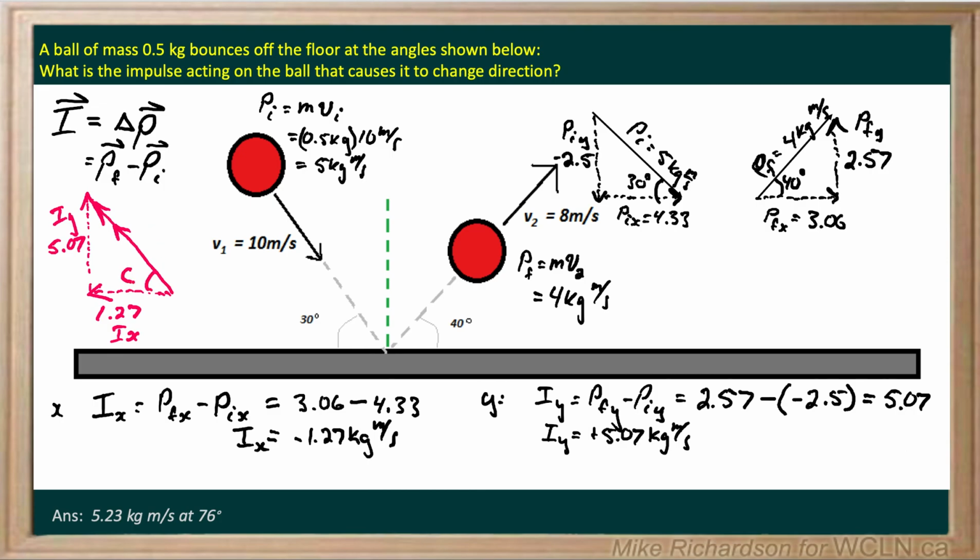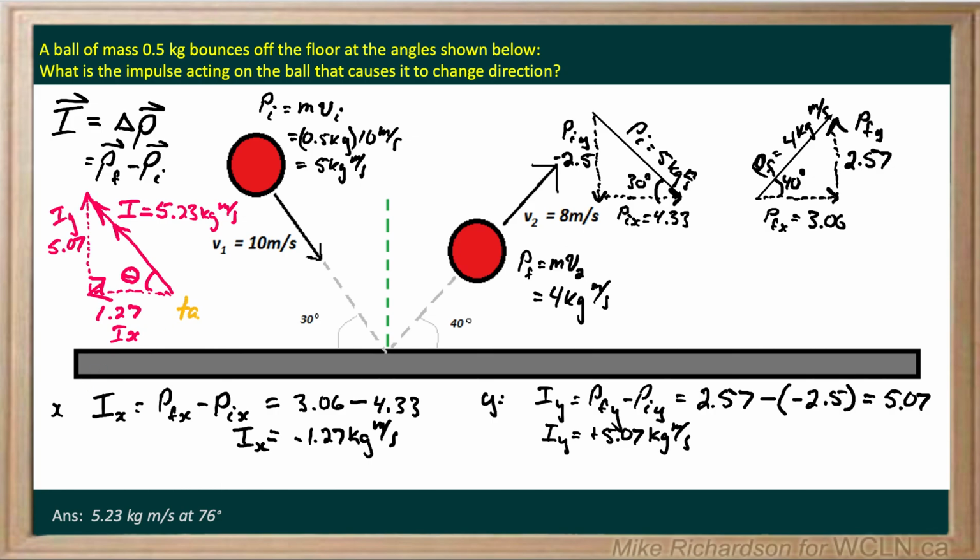Now to find the hypotenuse, as usual, we go a squared plus b squared equals c squared, because anytime you're dealing with components, you've got a right triangle, so you're allowed to use Pythagoras. So if I do that with Pythagoras, I'll get 5.23 as my hypotenuse. And then to find the angle, I simply do tan theta. So to find the angle, maybe I'll do it in a different color again so we can see it.